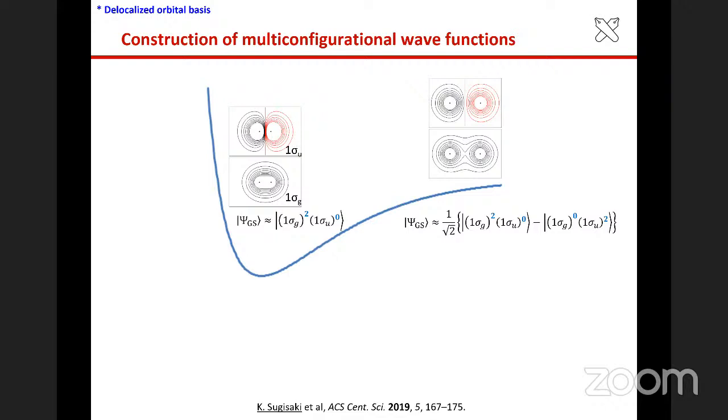In the local orbital basis, this is the potential curve for the hydrogen molecule. The ground state in the vicinity of the equilibrium geometry is approximated by the Hartree-Fock configuration, doubly occupied, unoccupied. But in the bond dissociation limit, the wave function can be approximated by two configurations, doubly occupied, unoccupied, and unoccupied, doubly occupied.